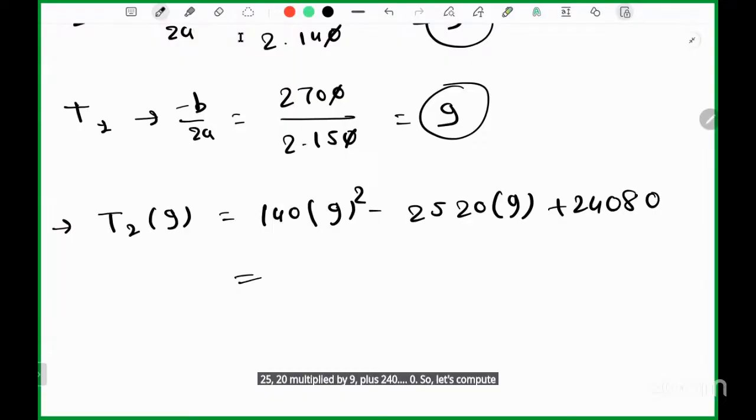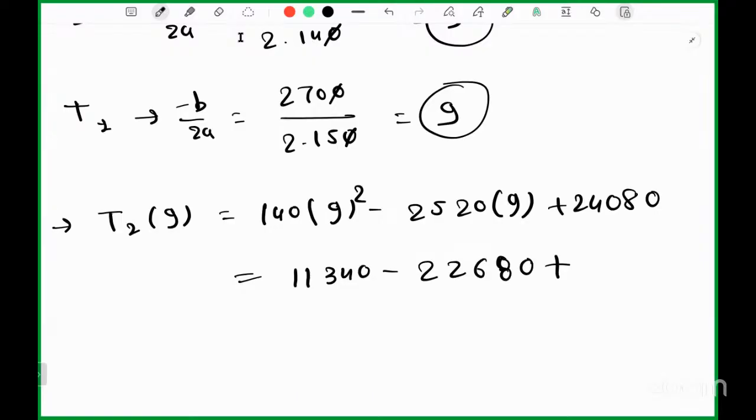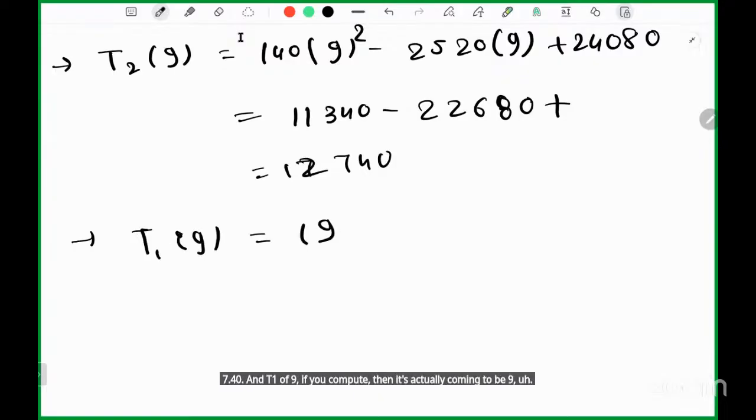So let's compute it. 140 multiplied by 81 is 11340, minus 2520 multiplied by 9, which is 22680, plus 24080. Yeah, so it's coming to be 12,740.